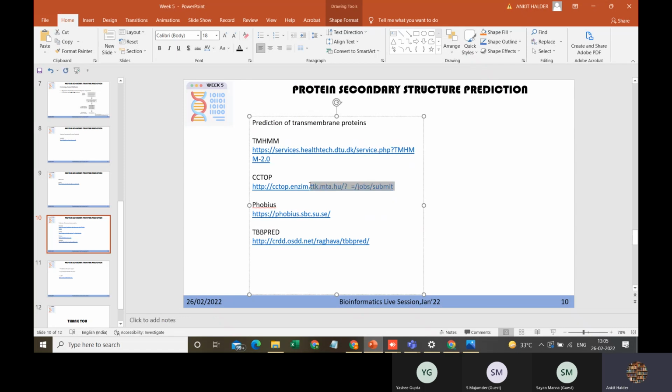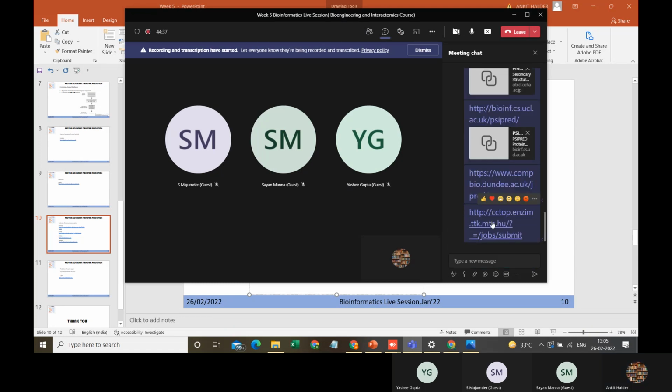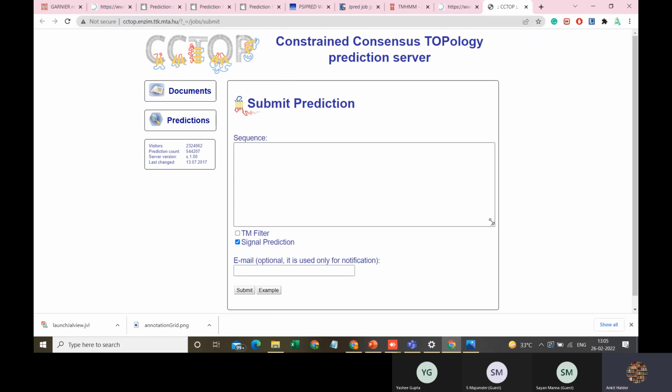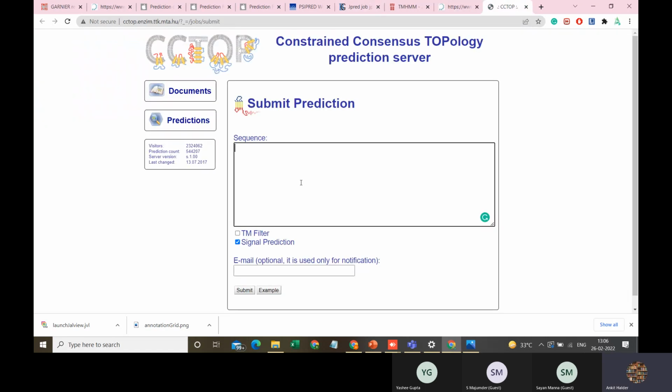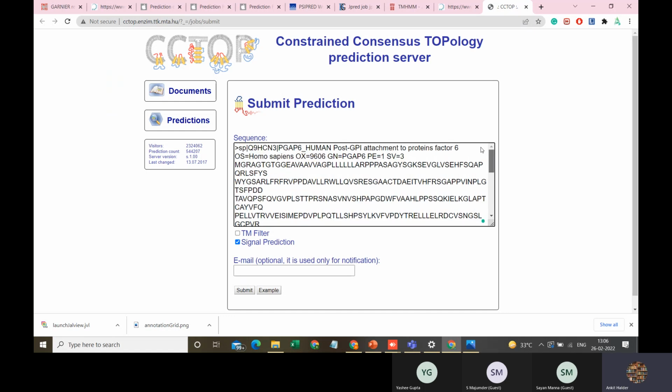So another tool is there. What we can do is check various tools and then look at the confidence level of those tools, and only then conclude, because every tool and algorithm has some limitations.